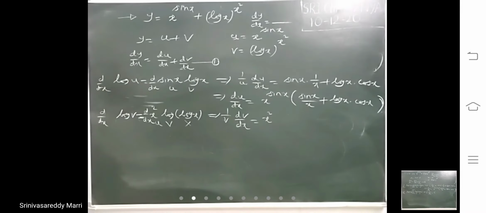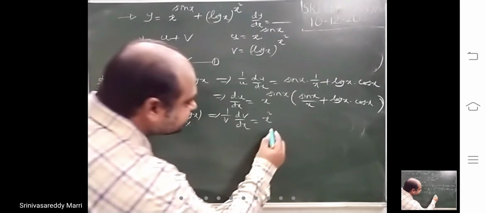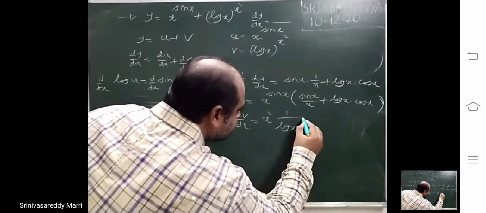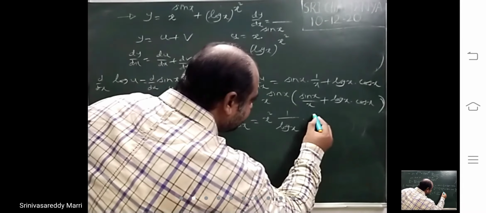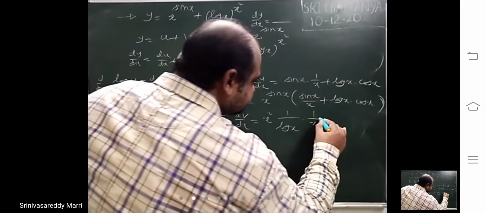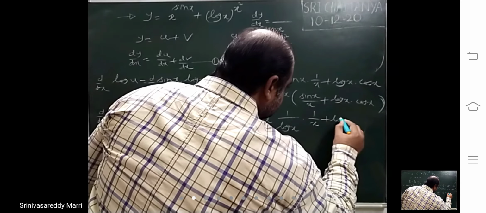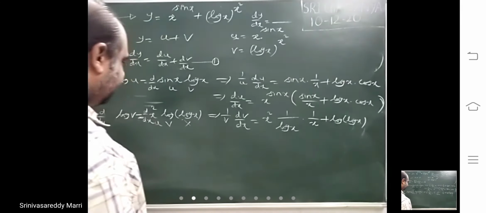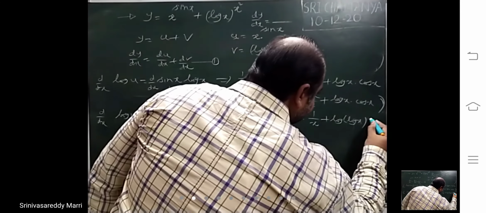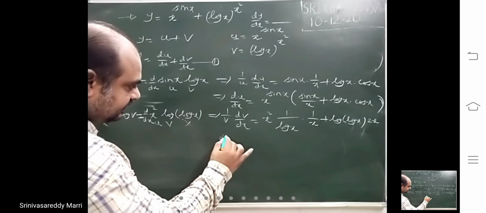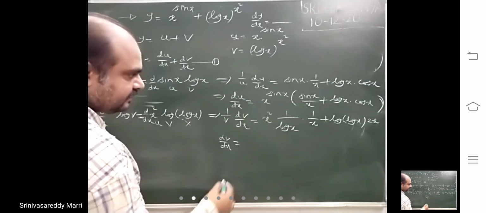Treat log x as capital X, so the derivative of log X is 1 by capital X into d by dx of log capital X, that is 1 by x. Plus log of log x into the derivative of x square, which is 2x.